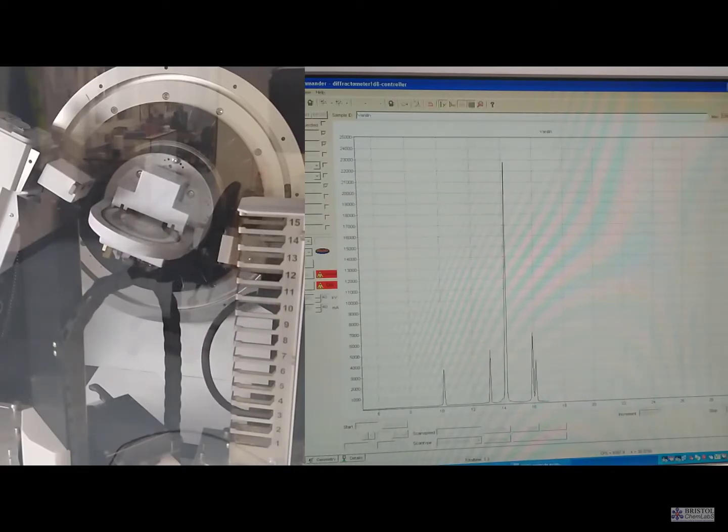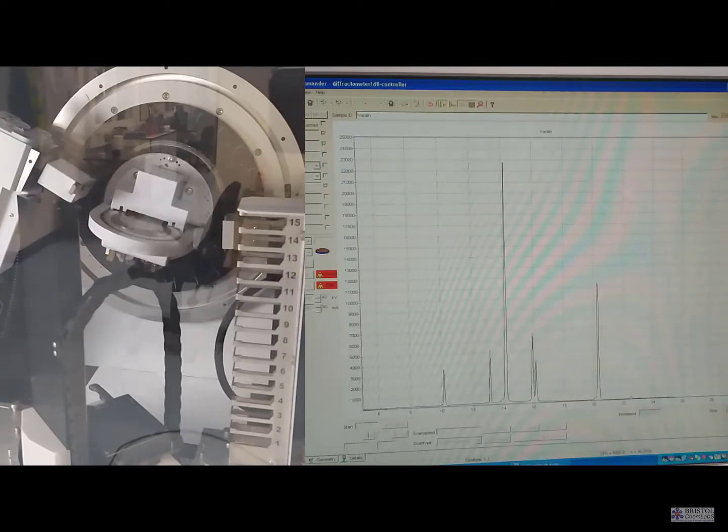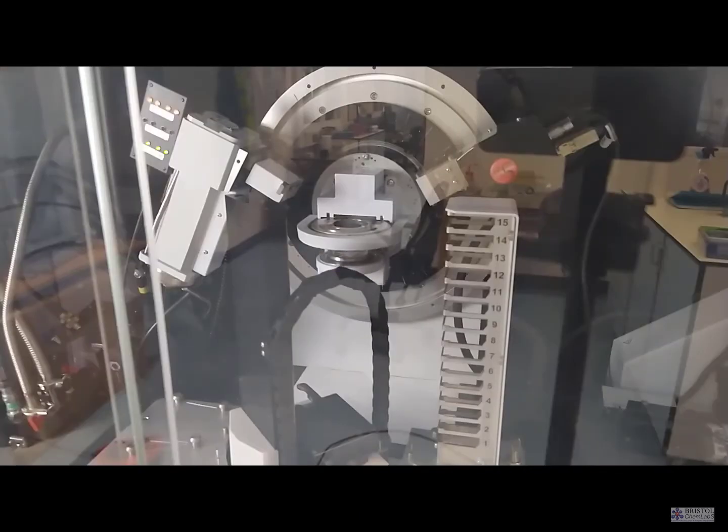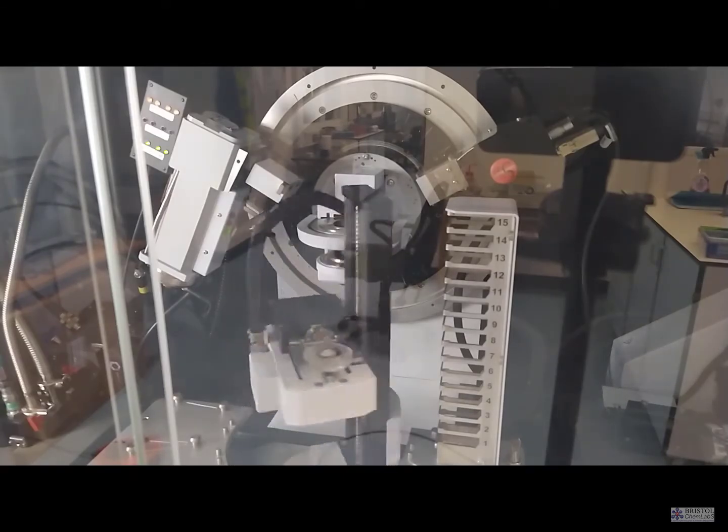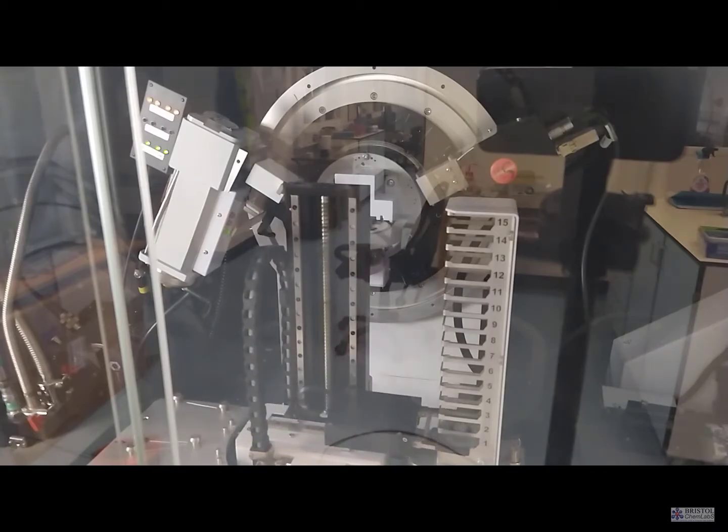With this instrument, we have just one wavelength of the X-rays coming in, so instead we move the sample, as you can see, and the detector to allow us to collect data from different angles over the time of the measurement, and our sample stage is spinning to ensure that we're getting an average over the whole sample.